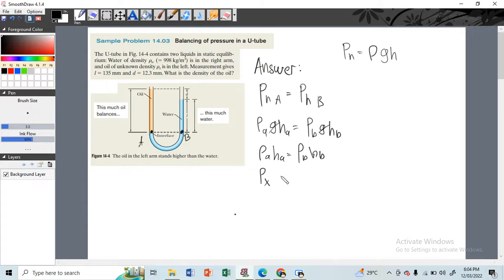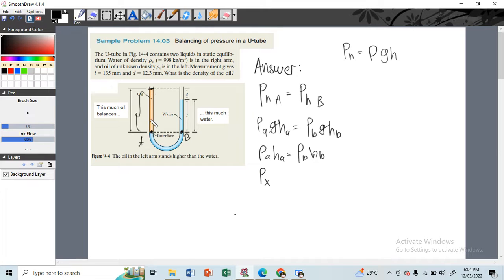It is what we are trying to find. So what is hA? hA is the depth of this point from the surface of the fluid. The fluid is oil, and the surface of the oil is there. So we need to calculate what is the length of this.